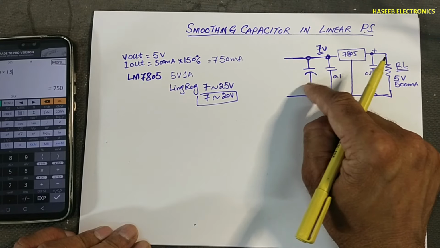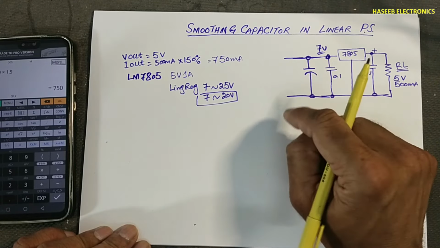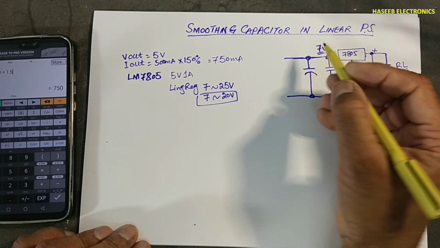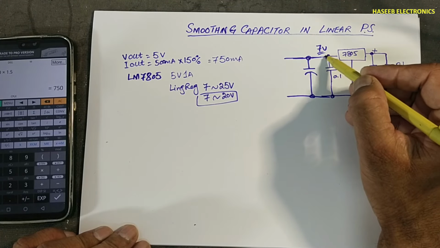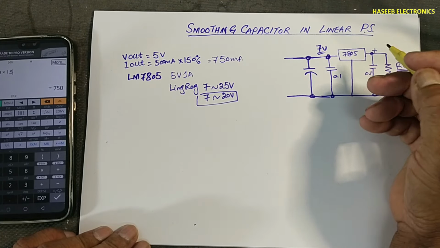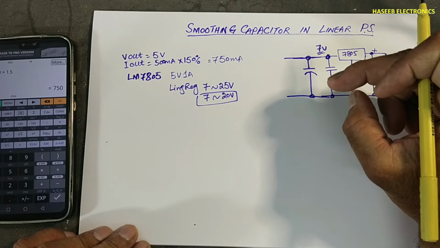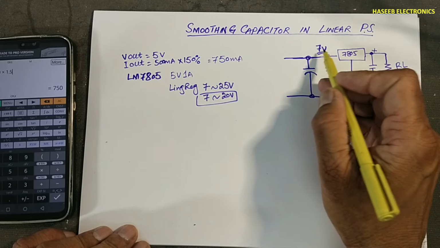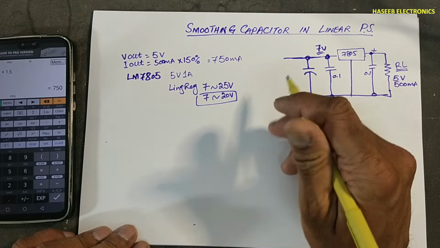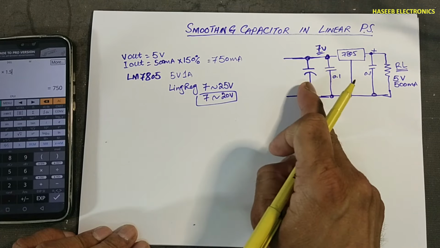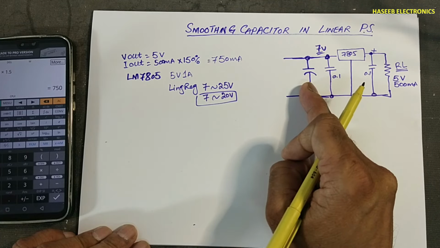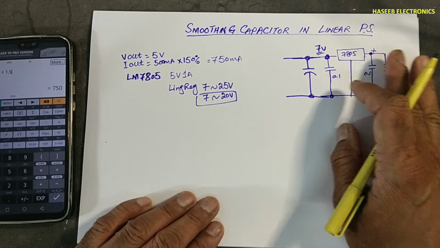To calculate this capacitor, we need to understand many parameters. The first, that is minimum voltage 7 volt. We will provide some spare headroom in this voltage level, so that in case this capacitor becomes weak, the system will remain working.